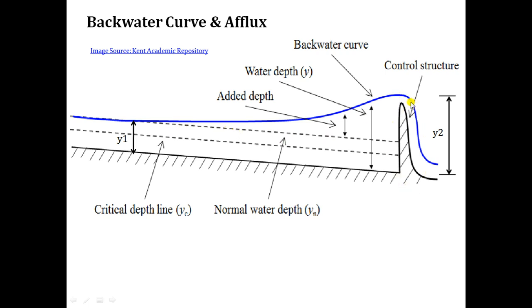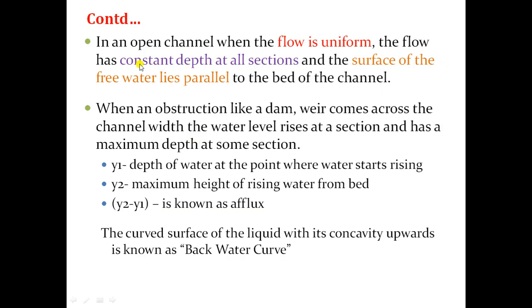Because of the obstruction, we can get a backwater curve. In case of an open channel, if we assume the flow is uniform, the depth of flow will remain same at all the sections. That is, the free water surface will be parallel to the bed of the channel.